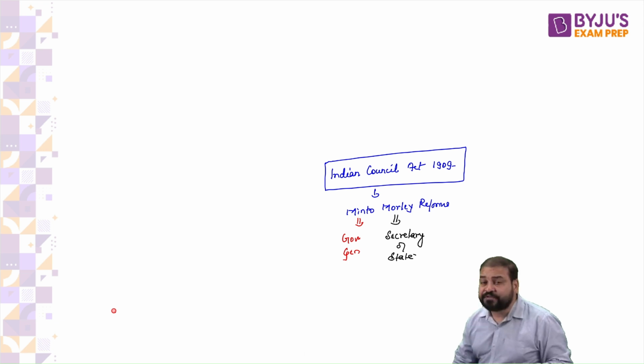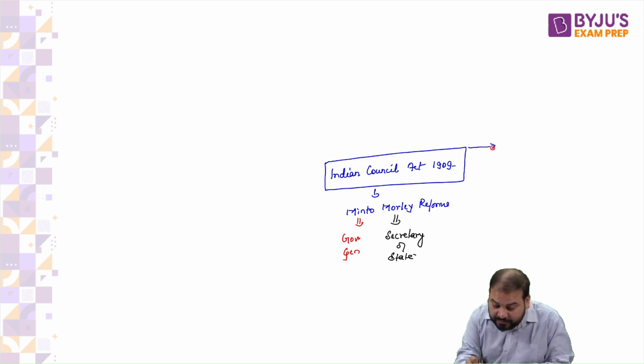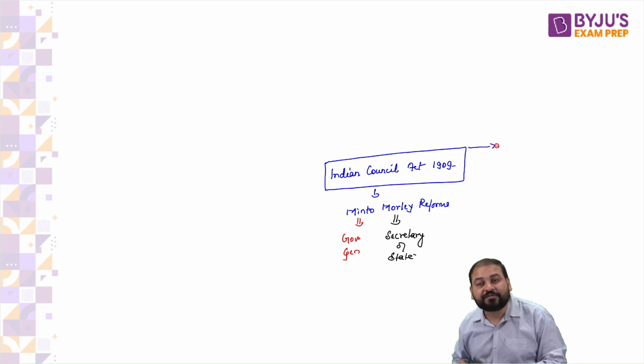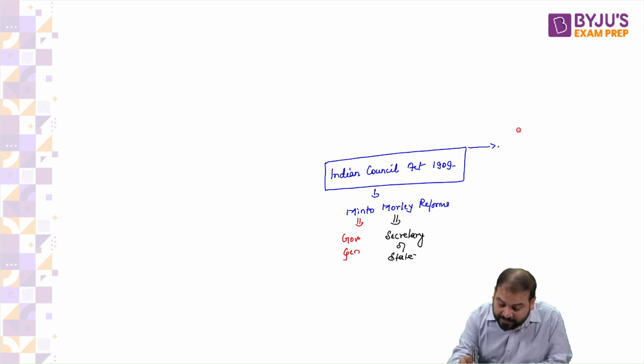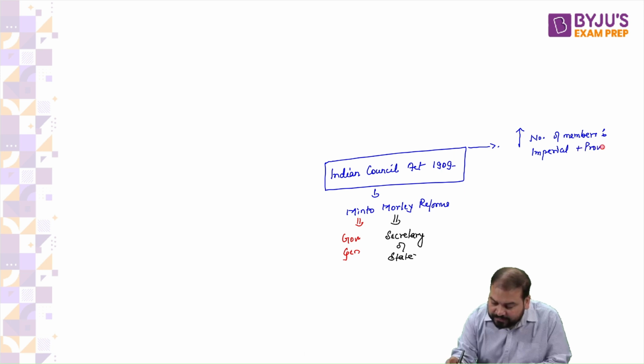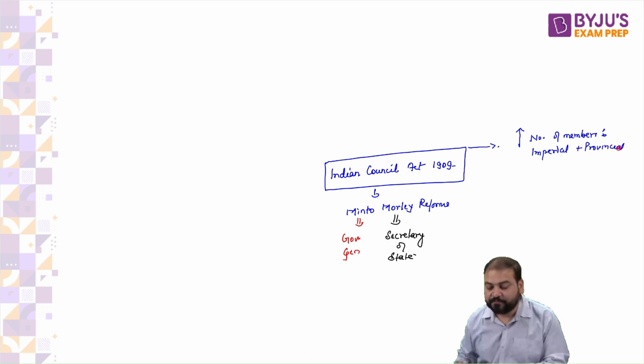Absolutely. After Swadeshi and boycott, the carrot and stick policy. This is the carrot. Carrot for whom? Everyone, this is the carrot for whom? Moderates. And you will see here, the major demands of moderates were accepted. What were the major demands? Increase in number of members, both in the imperial body plus the provincial body.